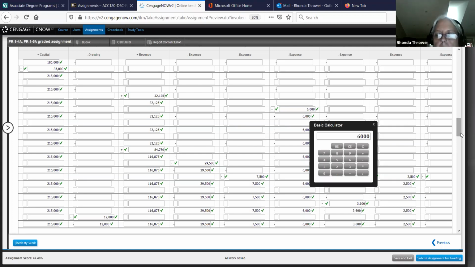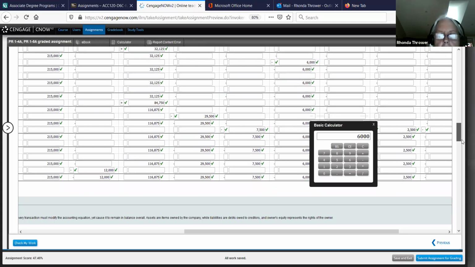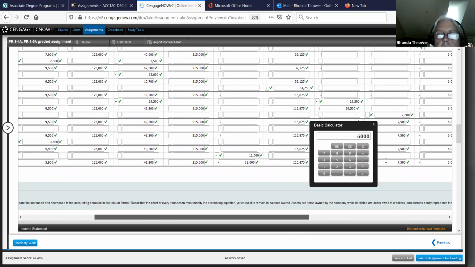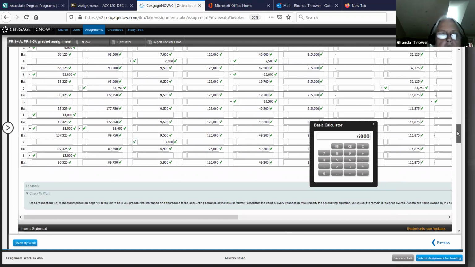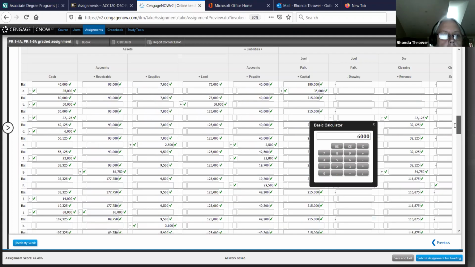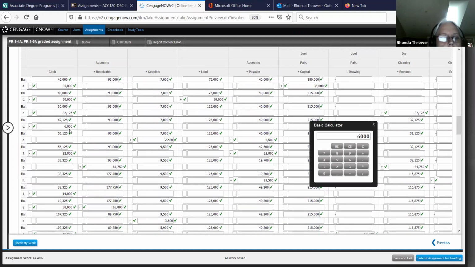Now remember, you are looking at your cash account. You paid cash in the amount of $6,000 for your rent expense. You also paid out $22,800, but that was to a creditor. And so that is included with the $6,000 expense.